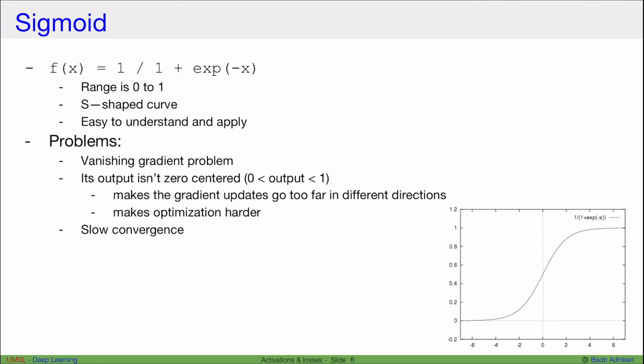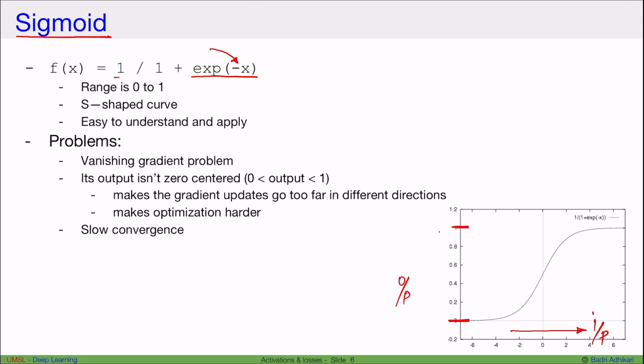One common activation is sigmoid, particularly used for binary classification, and sometimes even used as activations in the intermediate layers of a neural network. So the sigmoid function is basically 1 divided by 1 plus exponential of the negative of your input. The beauty of the sigmoid function is that no matter what input it receives, the output is always between 0 and 1.